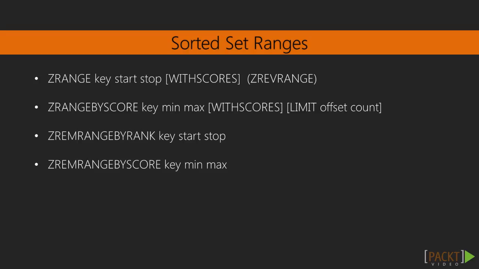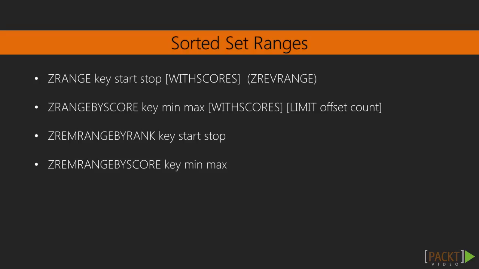But there's some even more valuable stuff you can do with sorted sets. You can work with ranges. Redis gives you the ability to query and manipulate ranges using scores and rank, and in some cases, lexical information. But we're not going to cover these cases here. zrange and zrevrange allow you to query your set by rank position and optionally include the scores of the elements returned.